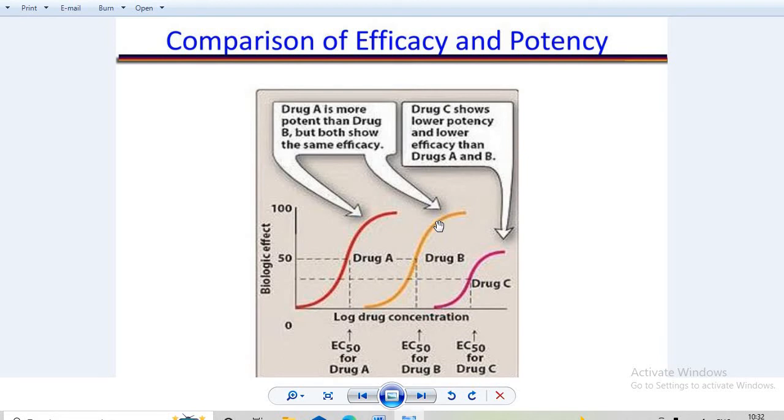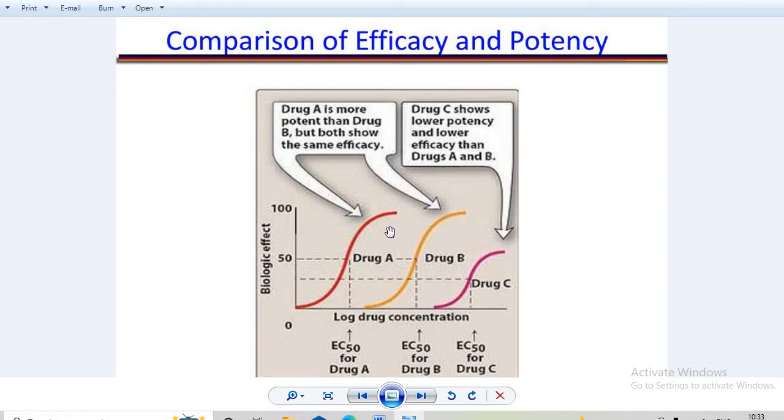Potency is the dose at which a particular drug is producing 50% of the maximum biological response. 100% is the maximum biological response and 50% is half of that. So that drug is showing it at a low dose. It means it produces 50% of the maximum even at a low dose, while the other needs a high dose to produce 50%. It means they are the very less potent drugs than A.